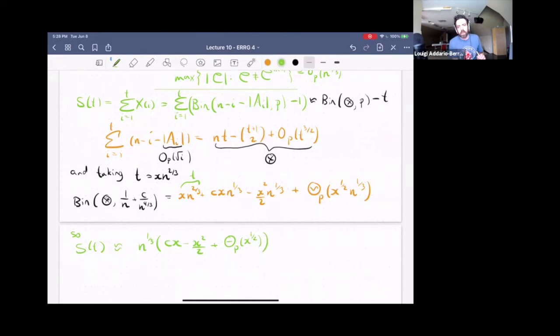And now I'm going to appeal to, so there were some questions in the chat. I'm approximating the binomial by its expectation. But then I am keeping track of this additional randomness. And thanks for catching the half.